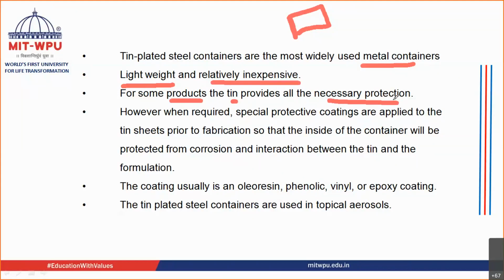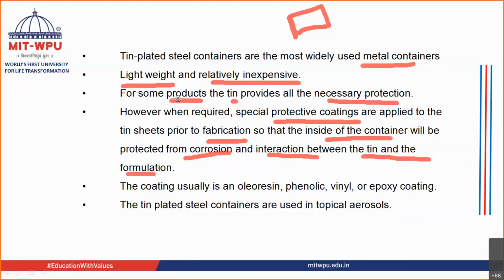There is also a problem that steel has: steel usually interacts with many of the formulations. Therefore a special protective coating is applied on the steel tin sheet prior to fabrication, so that the formulation present inside the container does not corrode the material, and the interaction between the tin and the formulation does not take place.